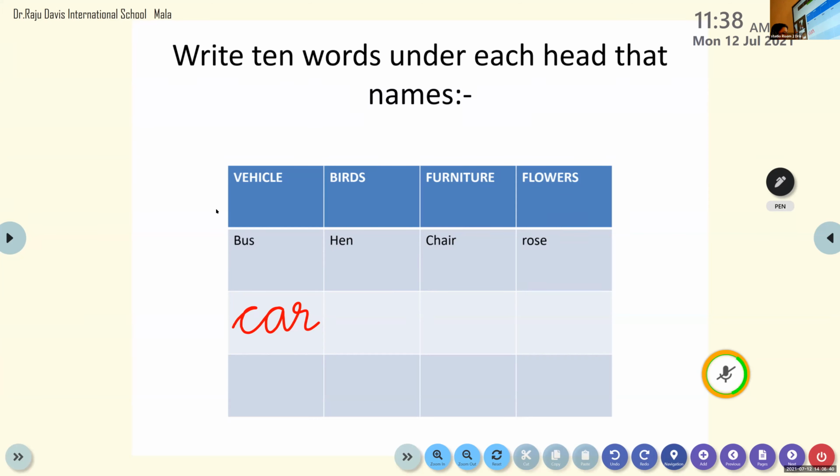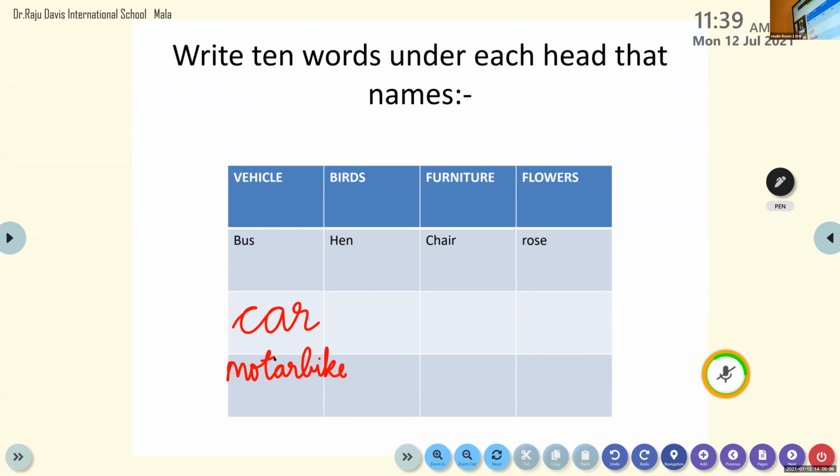We are using that word in speech, but when we write, we have to write motorbike as one word. M-O-T-O-R-B-I-K-E, motorbike. All of you please do write it.